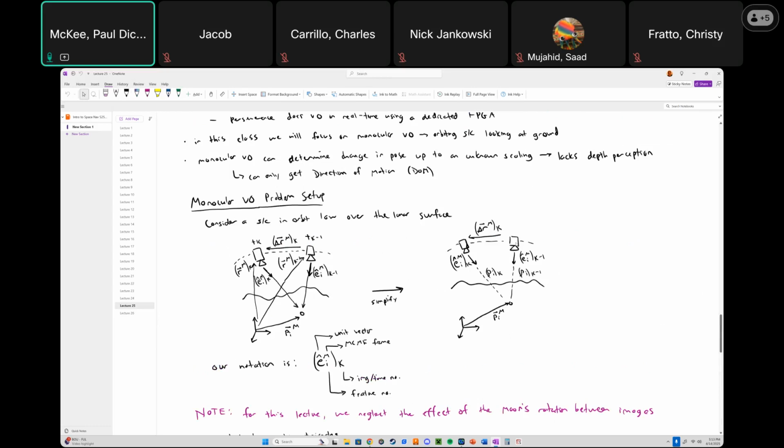You've got a camera taking an image of a point, and it doesn't really make a difference if you have a different camera taking an image of the same point at the same time, or if you have the same camera taking an image of the same point at a later time. Either way, it's two cameras, right? Either before and after, or camera A, camera B, taking an image of the same point, and you're trying to estimate the rotation and translation between the two cameras.